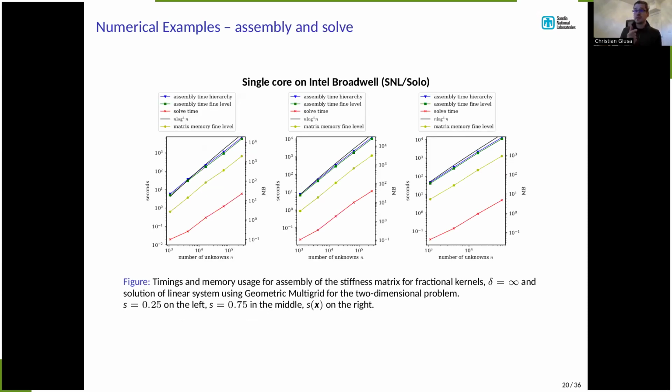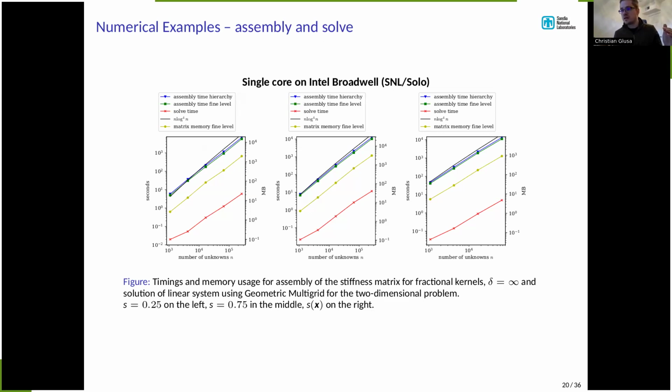So the flip side of the coin is, how much did it cost us to perform this assembly? What I'm showing, in the different curves, is the time to assemble the entire hierarchy, so the non-local operators on every single level of this hierarchy. And in the little squares is the assembly time of the finest level. It's not that surprising that that effectively dominates the overall assembly time.